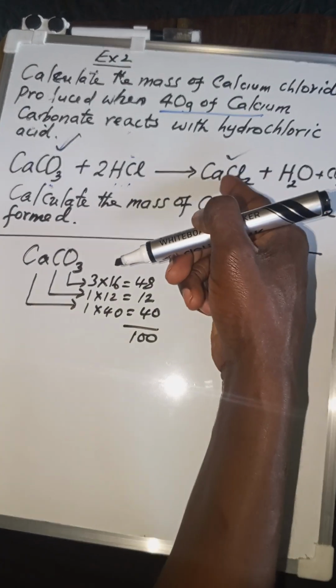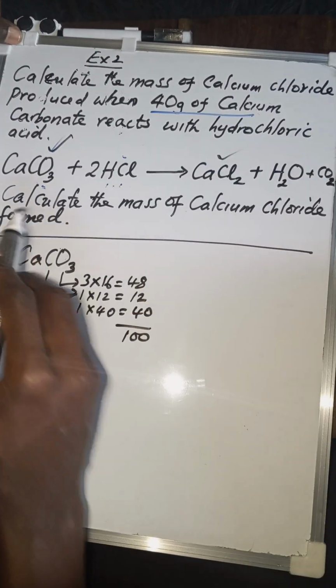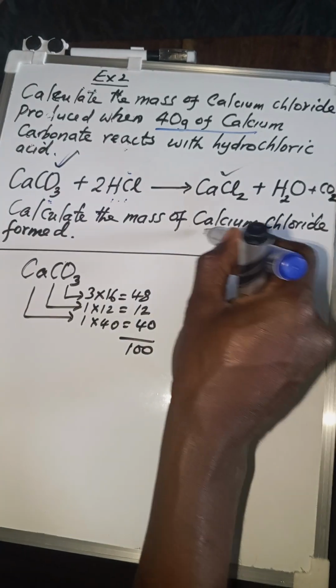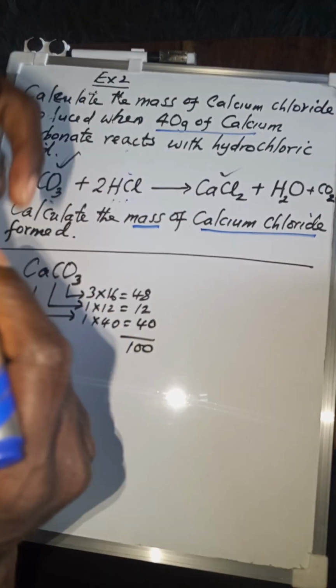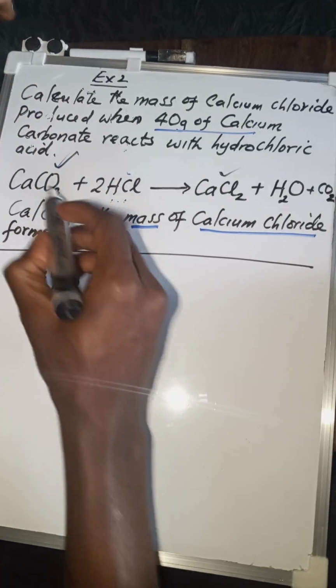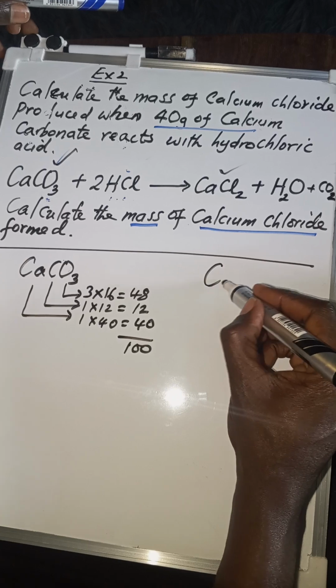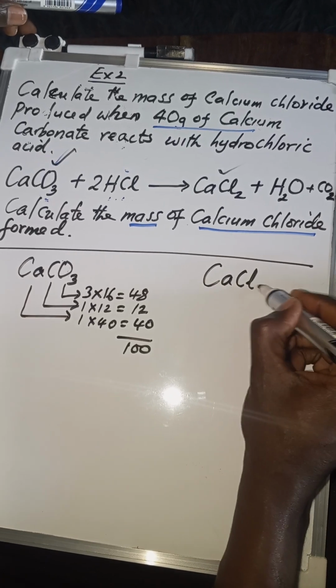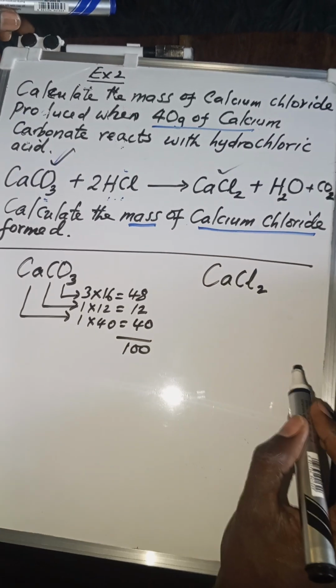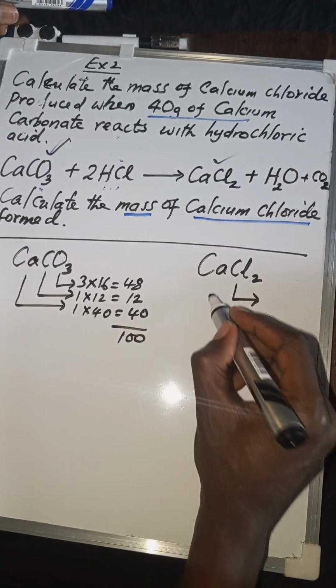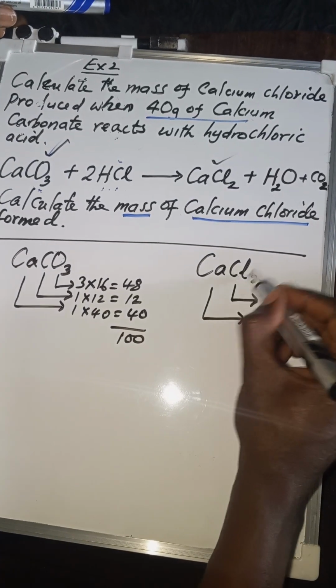You also do the same for calcium chloride, because the question says calculate the mass of calcium chloride. So they want you to know the mass of calcium chloride formed. Therefore, I'm comparing calcium carbonate to calcium chloride. Let's quickly find the total mass from that balanced chemical equation for calcium chloride. So I've got chlorine and calcium. How many chlorine atoms?